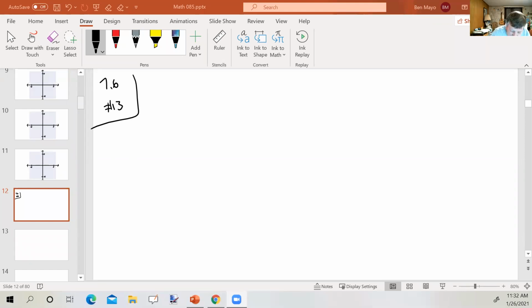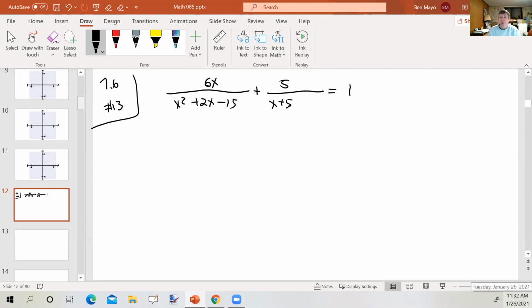Our initial equation is 6x over x squared plus 2x minus 15 plus 5 over x plus 5 equals 1. Since we have an equation with rational expressions or algebraic fractions, the first thing we want to do is clear the fractions by finding and using the LCD to multiply both sides.